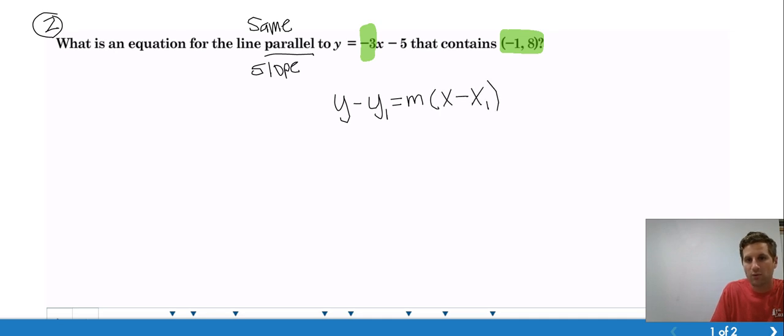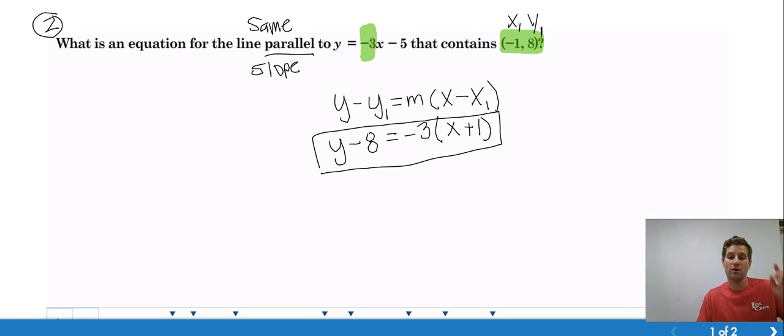And we just plug in what we know. I'm going to label this x1, y1. And we plug in -3 as our slope, x minus a -1, that becomes a +1. It always looks different in the equation when a negative's built in. And then y minus 8. Boom, just like that. Could you solve to make it look like it's in y equals mx plus b form?